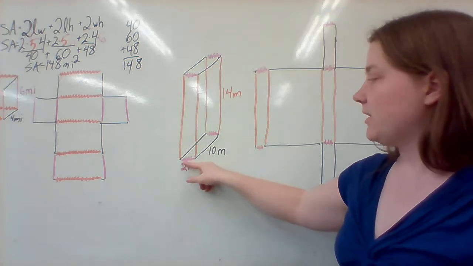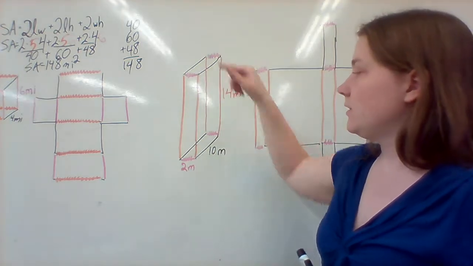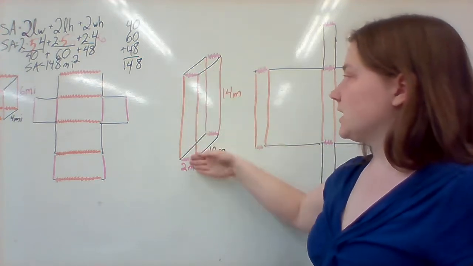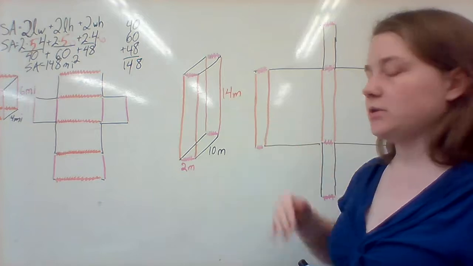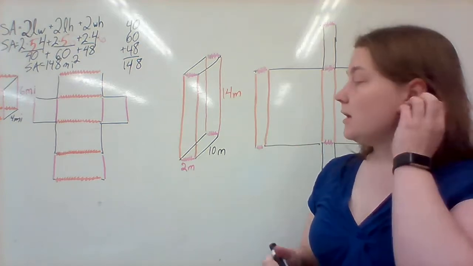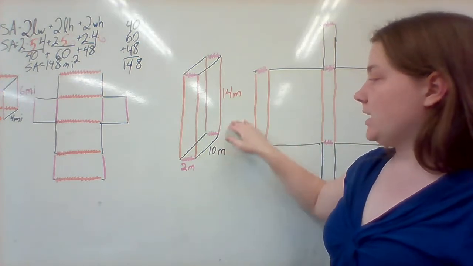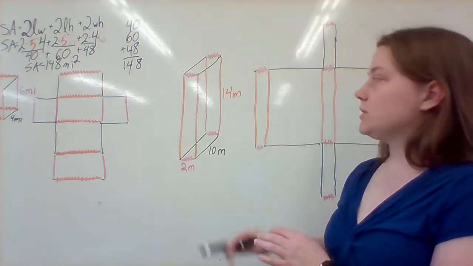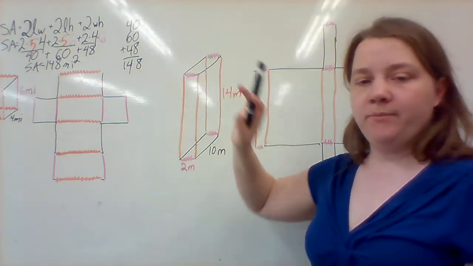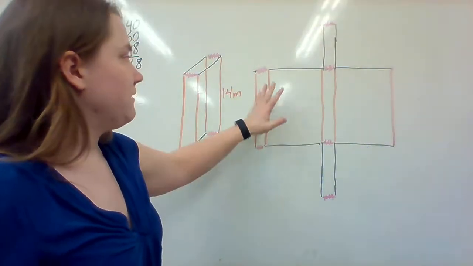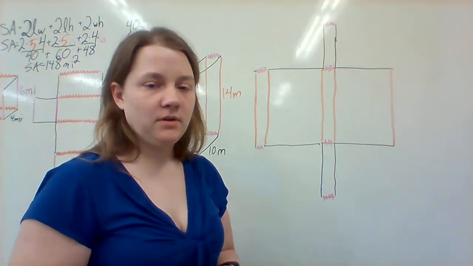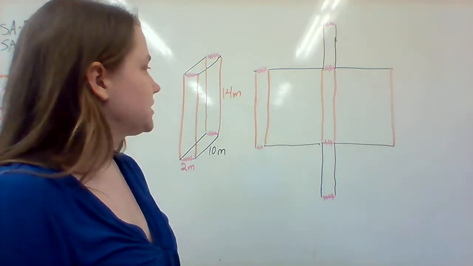The pink lines that go across, those are all 2 meters. The orange lines that go up and down, those are all 14 meters. And the black lines that go diagonal, those are all 10 meters. So we're going to take this information and figure out the area of each of these individual rectangles.